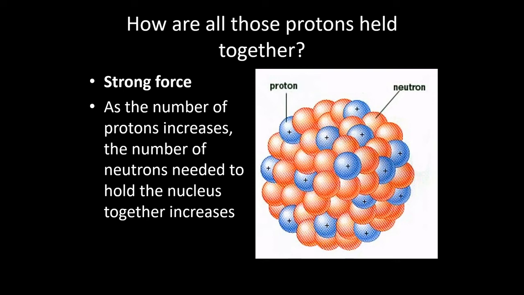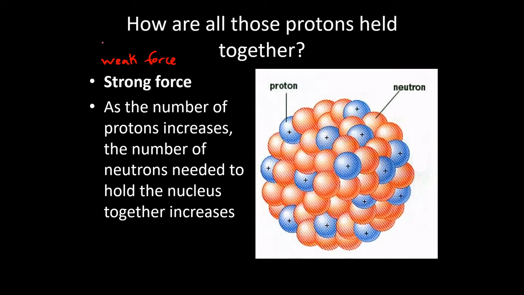This, by the way, is one of the 4 elementary forces in the universe. There are 4 forces that can be used to explain any interaction that you ever come across. There's the strong force, there's the weak force, which I'm not going to get into at this point, partially just because I don't even understand it completely.